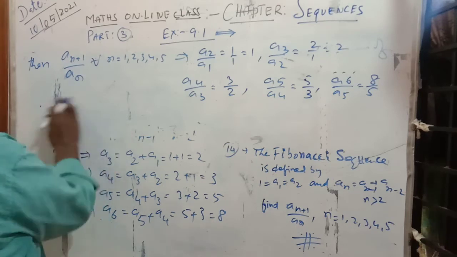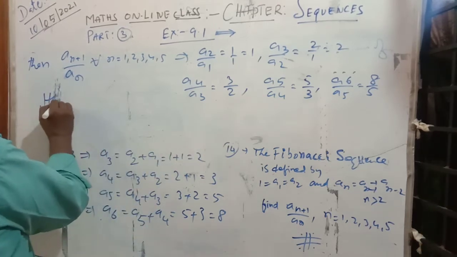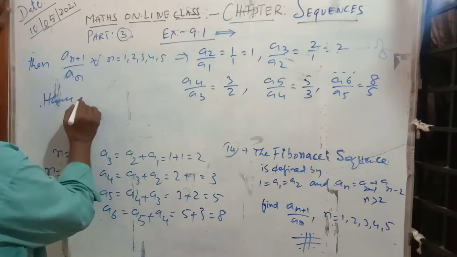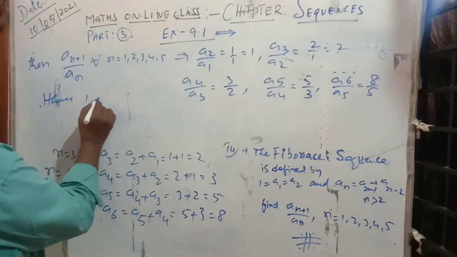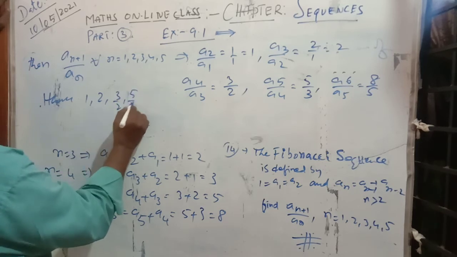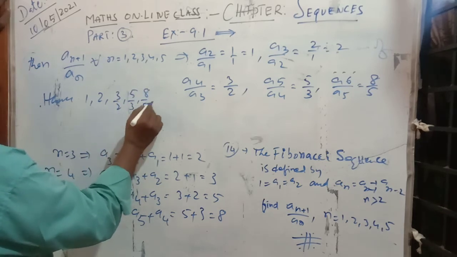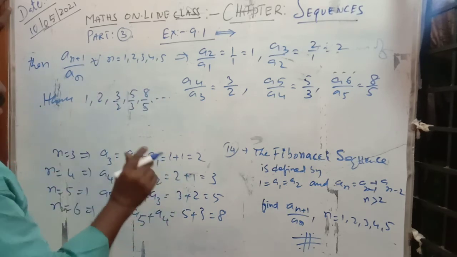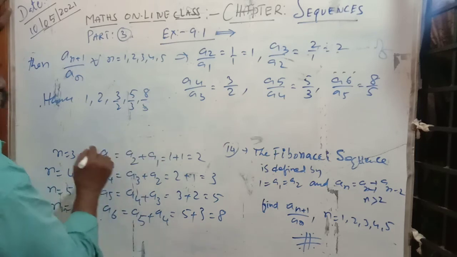Hence, we write all the values. The first one is 1, next 2, next 3 by 2, 5 by 3, 8 by 5. And we will go like that. But we are given only up to this one.